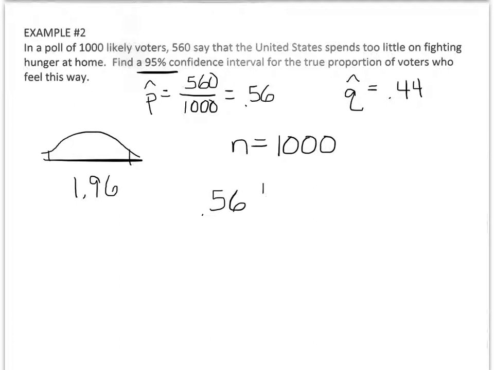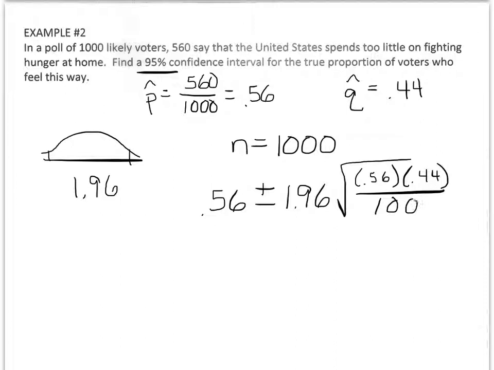Put it in your statistic, your z-score, find your standard error. This part over here is my margin of error. Once I find that, it's going to end up being 0.03.